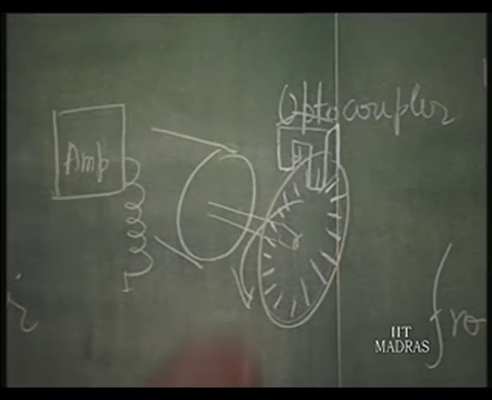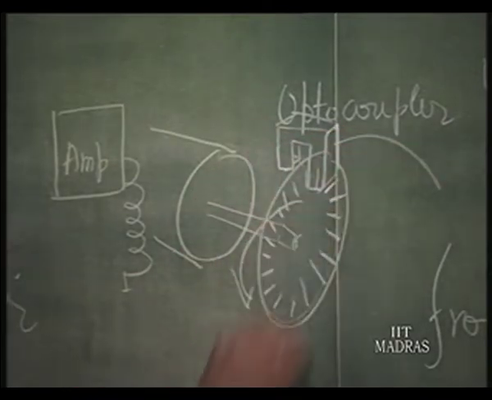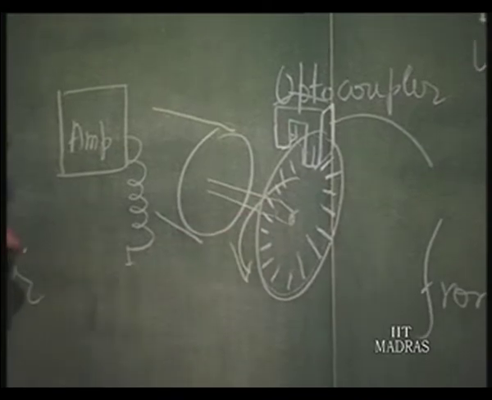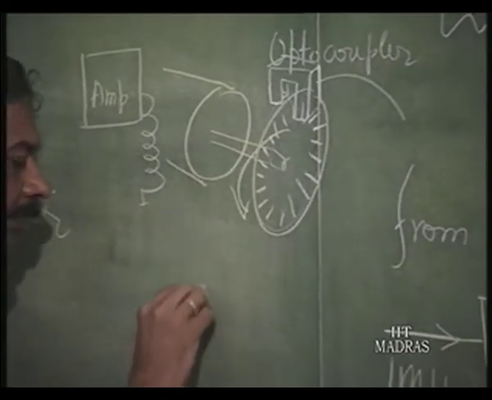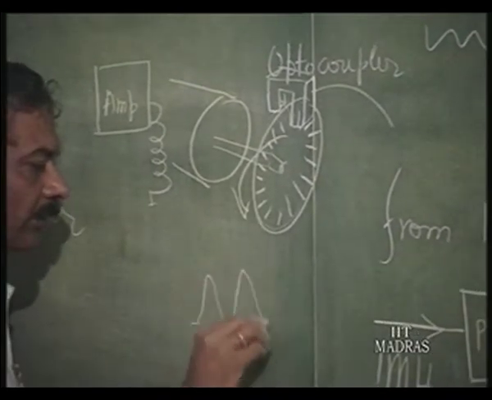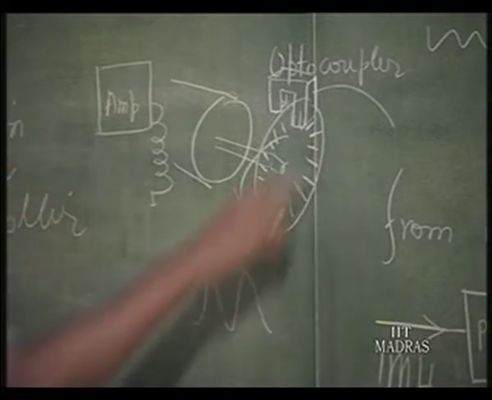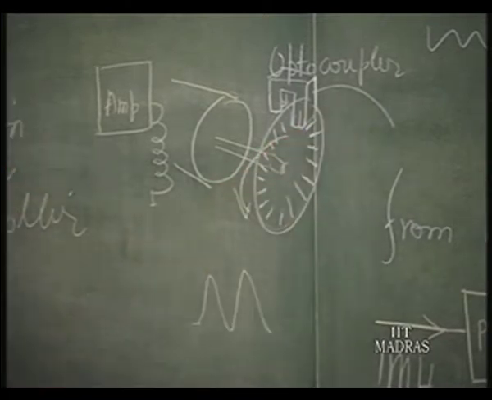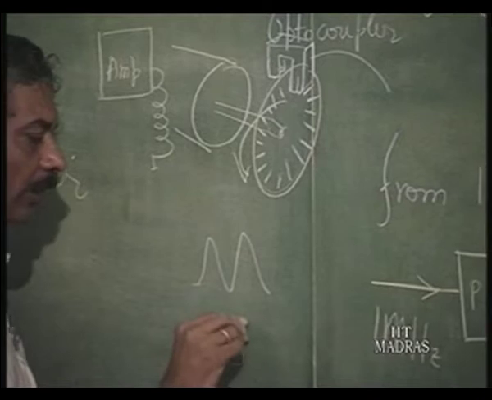So, the optocoupler output is going to be, as and when the light comes exactly through the slit, there will be an output. So, this will be the light output from this electrical signal. This electrical signal passes through a Schmitt trigger and develops into a square wave.